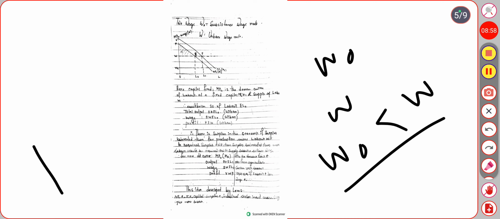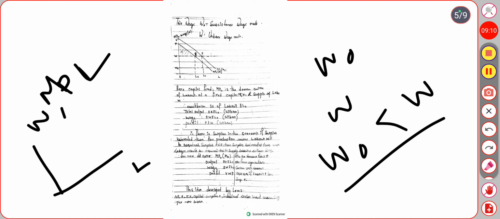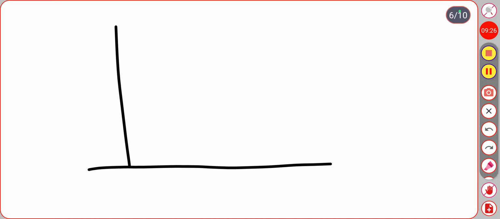First, consider a diagram. On the horizontal axis, consider labor, and on the vertical axis, consider wage or marginal productivity of labor. The basic idea of Lewis is that by this diagram I can construct the marginal productivity of labor curve.